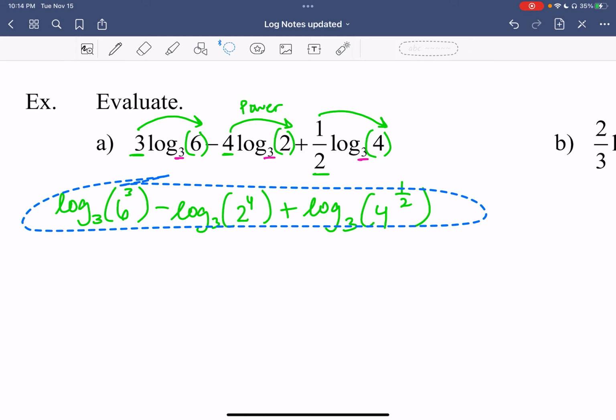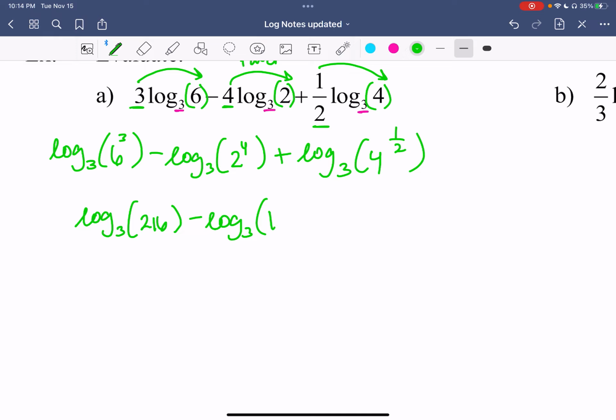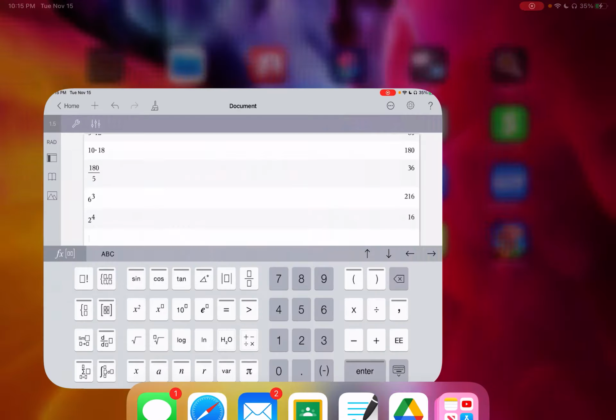Okay, so I can simplify all of these in the calculator. 6 cubed is 216, minus log base 3, 2 to the power of 4 is 16, and then 4 to the power of 1/2 is 2.